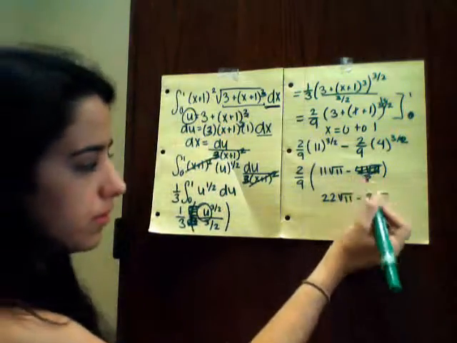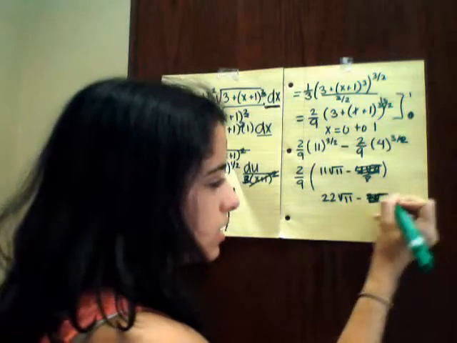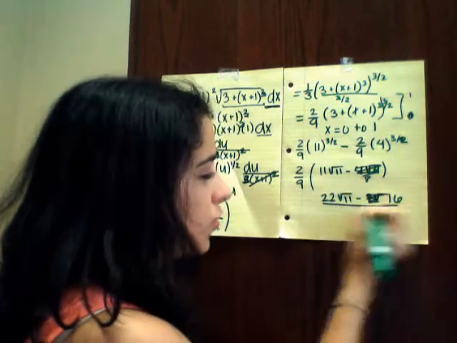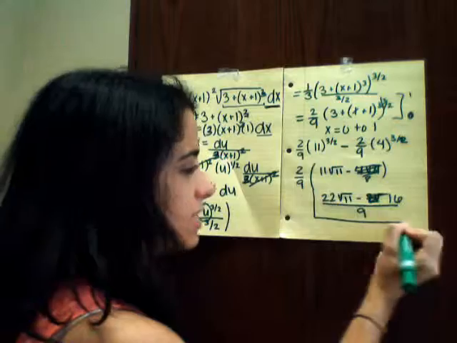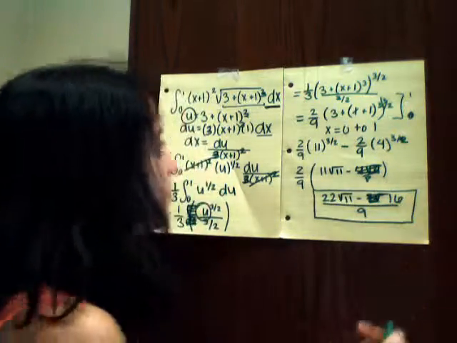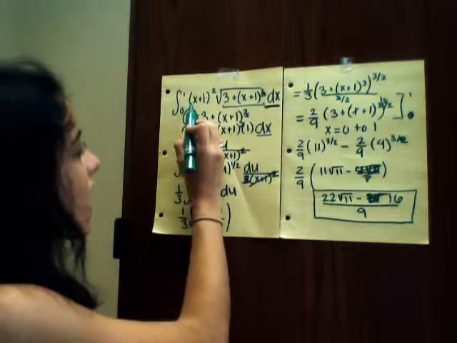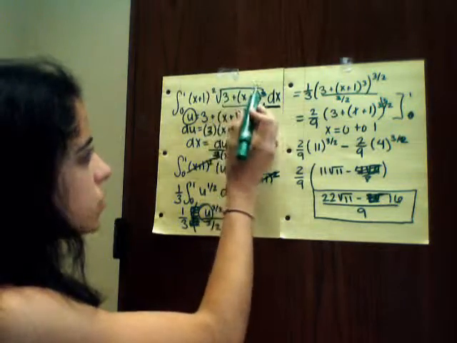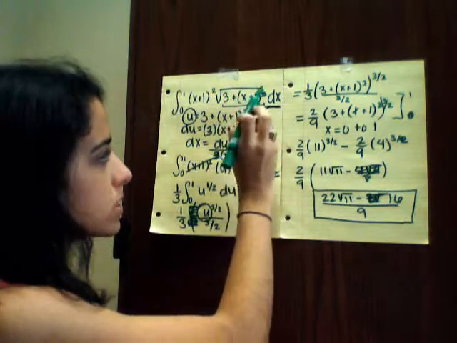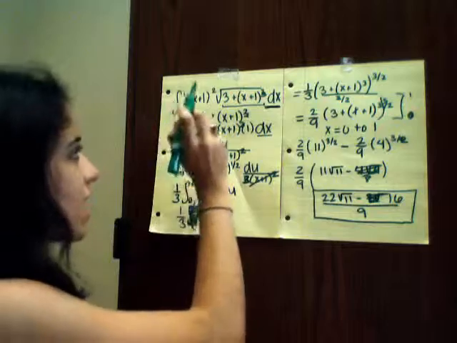We're left here with 8, times 16 over 9. And this is the final value of the integral of (x plus 1) squared times the square root of 3 plus (x plus 1) squared, as x goes from 0 to 1.